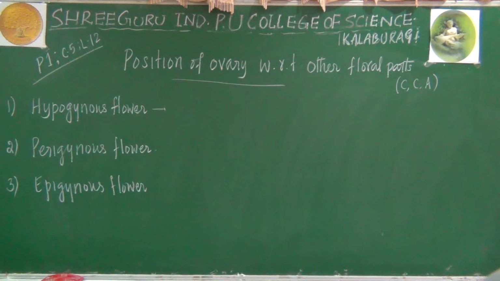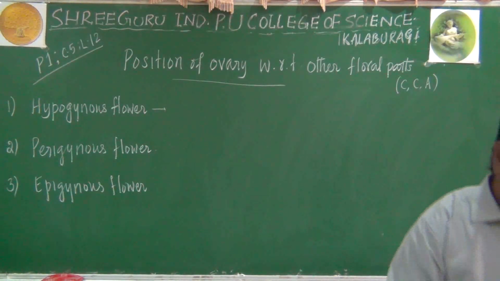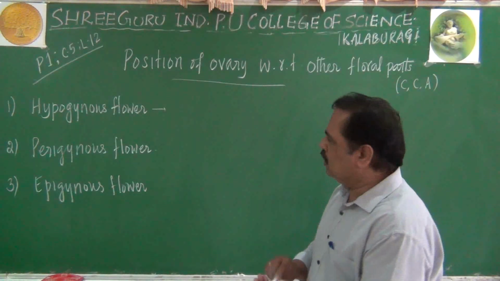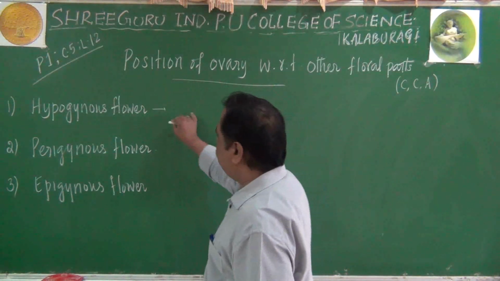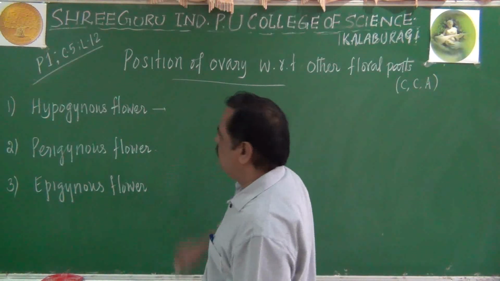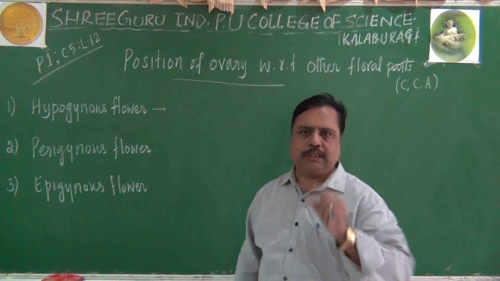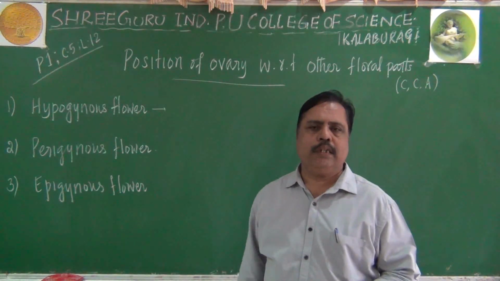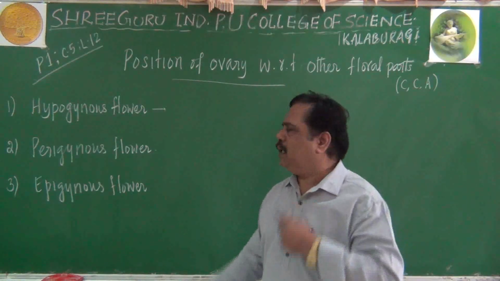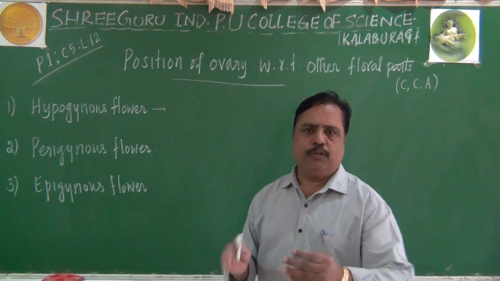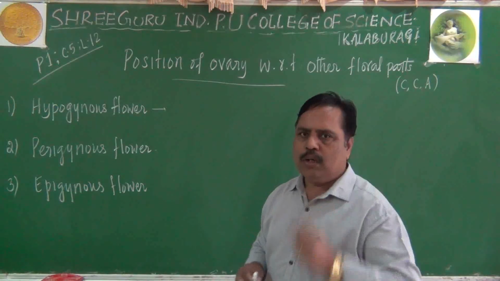Just remember now. You know that all the floral parts are located on thalamus. What is thalamus? Tip of a pedicel is called thalamus, you may be remembering. Now listen carefully.